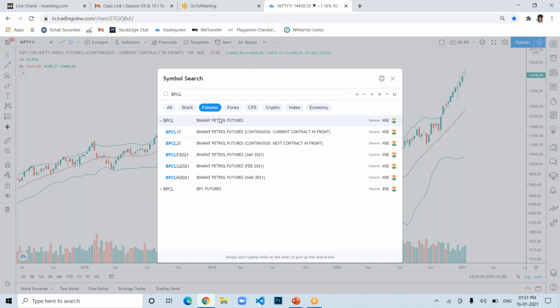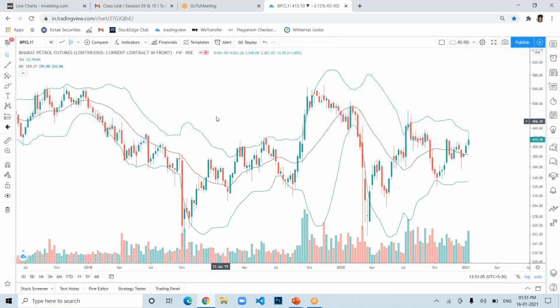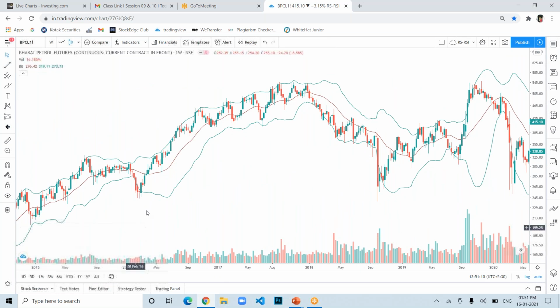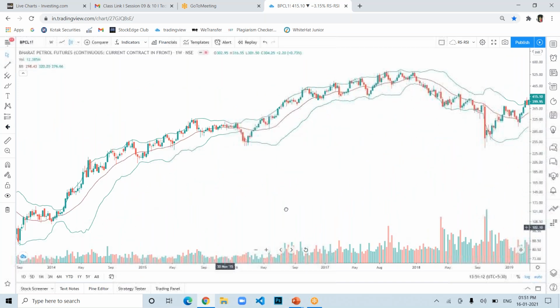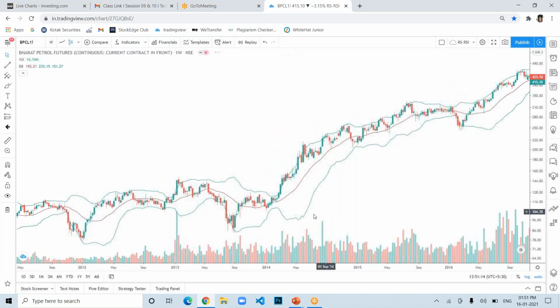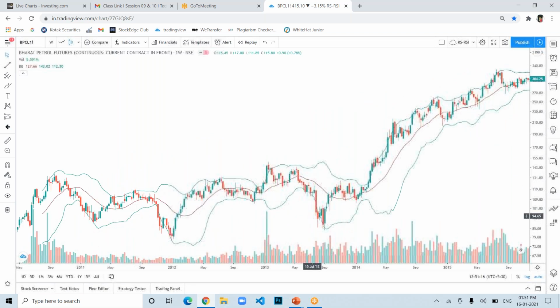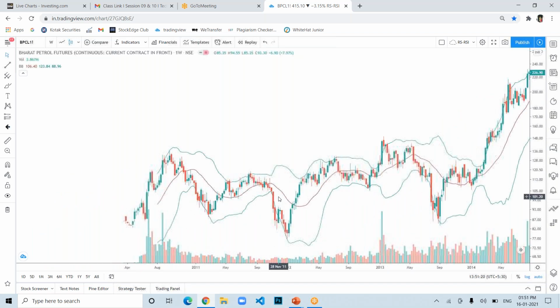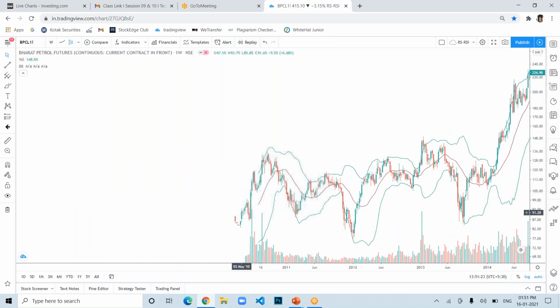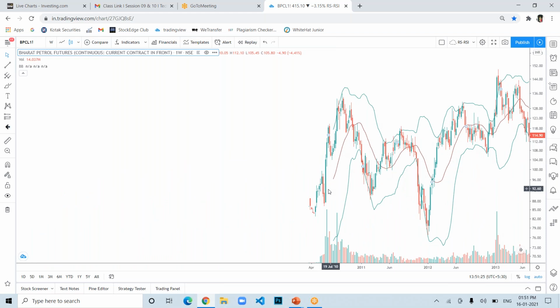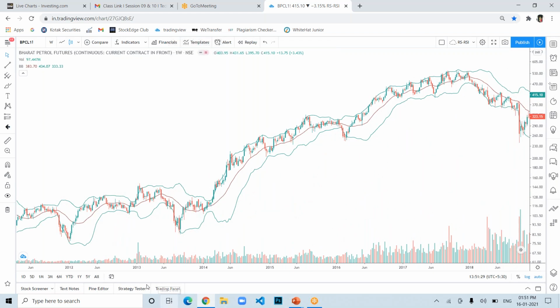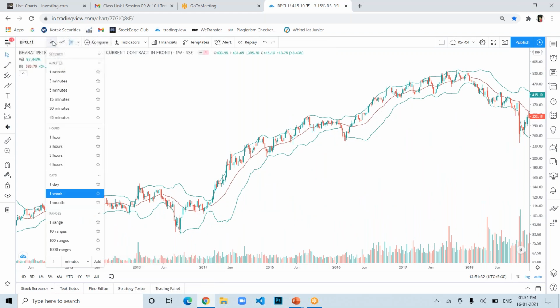Let's check BPC. This is the weekly chart, no wonders.